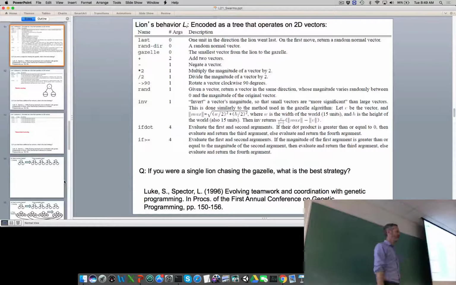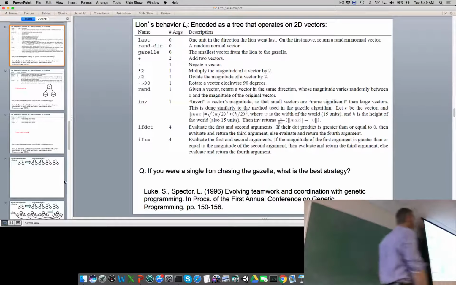Not very well, right? They're all going to sort of converge behind the gazelle and chase the gazelle, and the gazelle will easily elude the lions. So none of those simple trees are going to work very well. Evolution is going to create more complex trees for the lions.